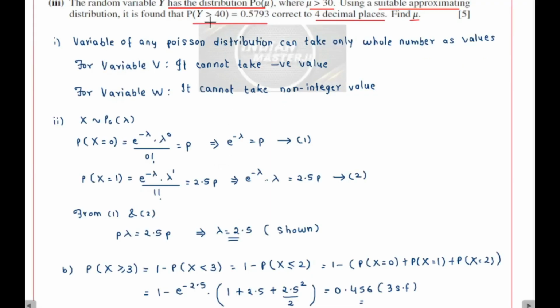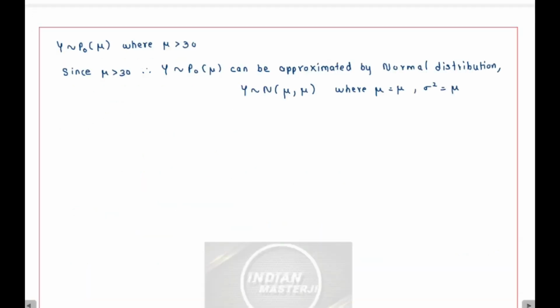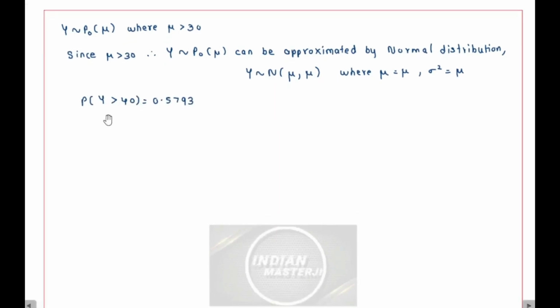Now what else have they given? They have given that probability of Y greater than 40 is 0.5793. But this is when Y was following a Poisson distribution. Since we are trying to approximate it by a normal distribution, we will have to take into account the continuity correction.